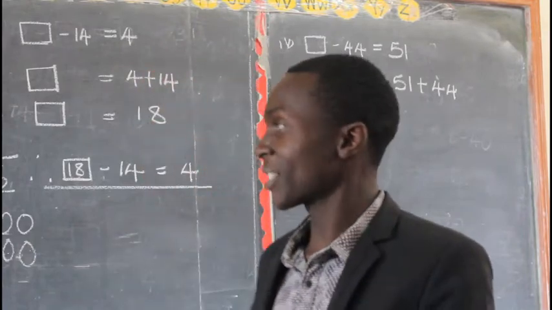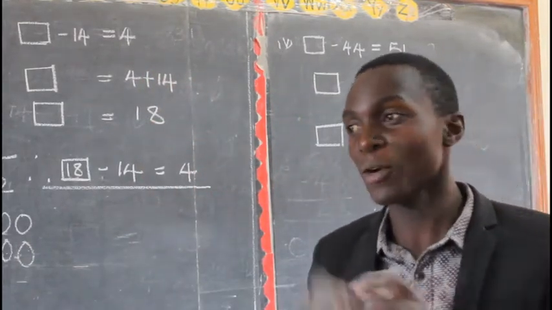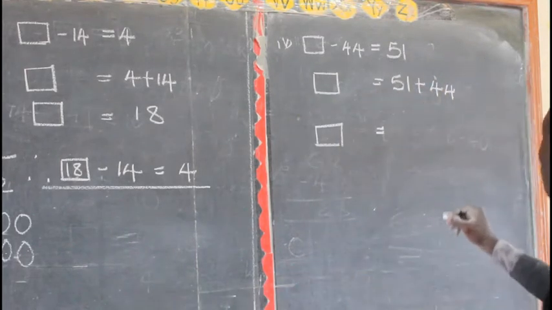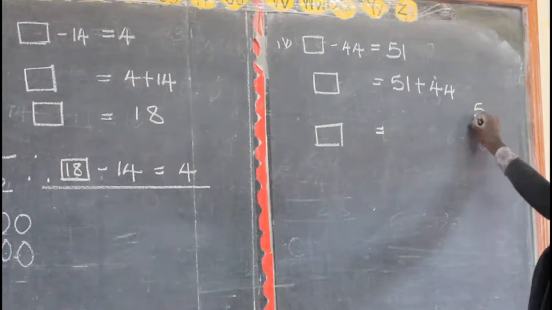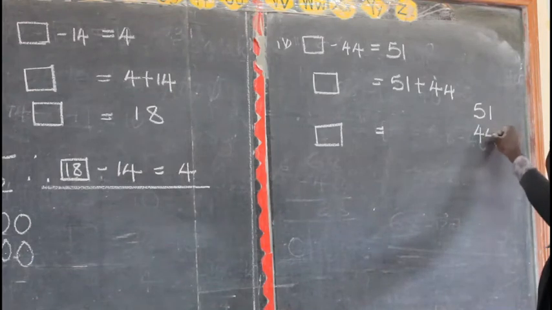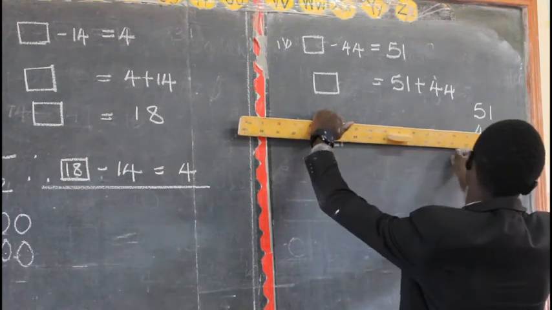51 plus 44. Yes, now we need to add. You can decide to draw sticks, but since you are on the level of primary 2, you can leave that one of sticks to primary 1 children. So now for you, you can use addition of numbers vertically. 51 plus 44. That's how we can add.